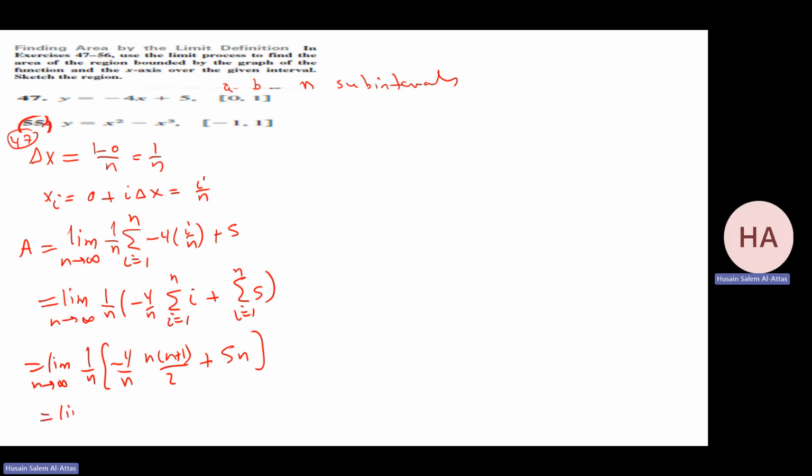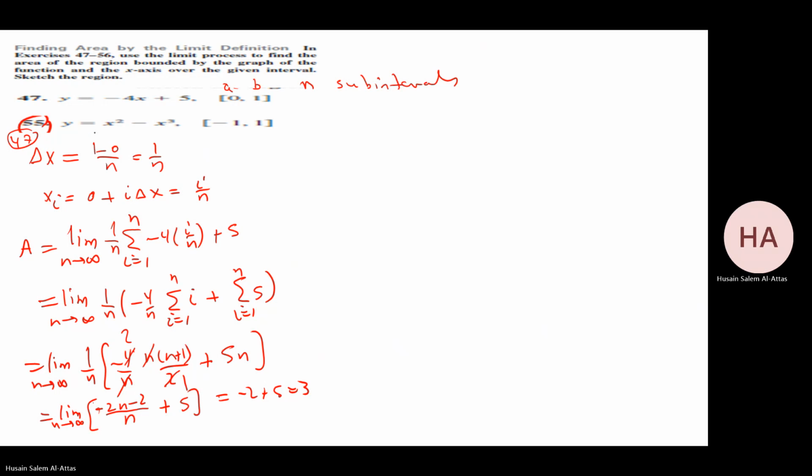That as a limit as n goes to infinity, I have, this is 2, cancelled. This is 1. I have minus 2n minus 2 over n plus 5. As a limit, the same degree, that will be minus 2 plus 5, which is 3.